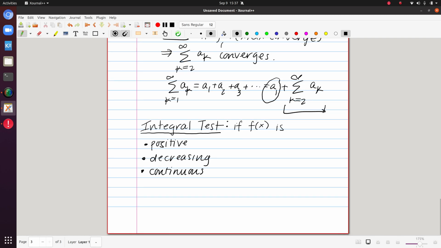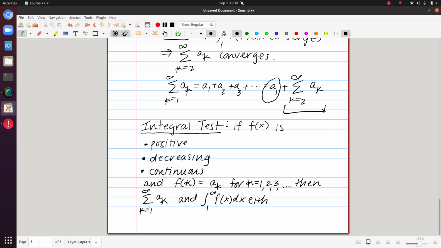And of course, when we're referring to f of x here, we're saying that it's the function defined so that f of k equals a sub k for k equals 1, 2, 3, and so on. As long as these conditions hold, then what we can conclude is that the sum of our a sub k's from 1 to infinity and the integral of f of x from 1 to infinity either both converge or both diverge.